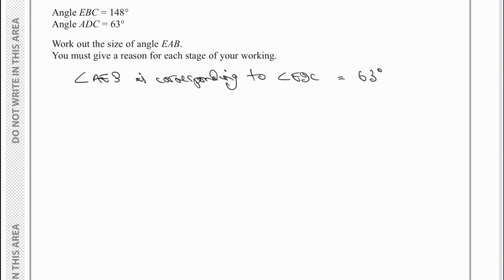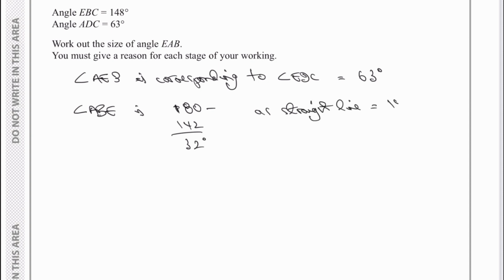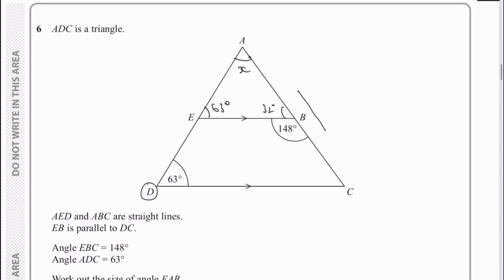Okay, so I can put then that angle ABE is equal to 180 degrees minus 142 degrees, which is 32 degrees. And I can put as straight line equals 180 degrees.